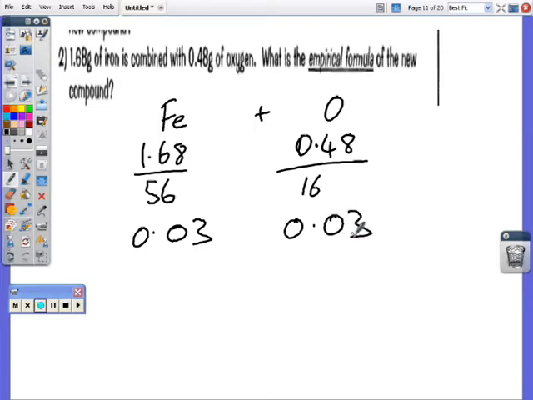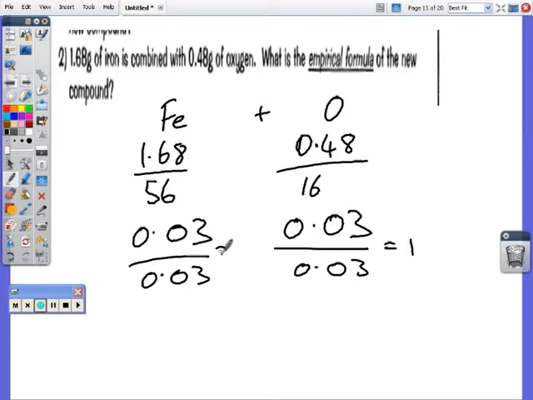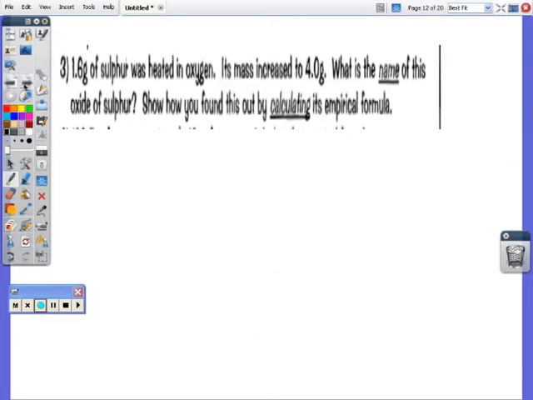So if we divide both by 0.03, I shouldn't really need to do this for you guys, which gives us a ratio of 1 to 1. So we have indeed FeO.